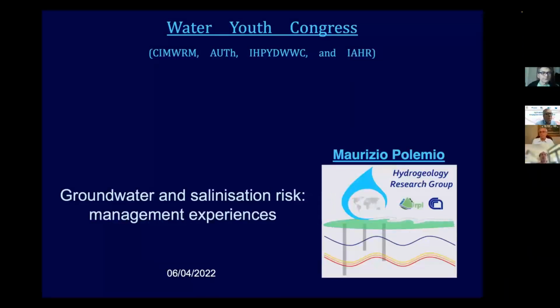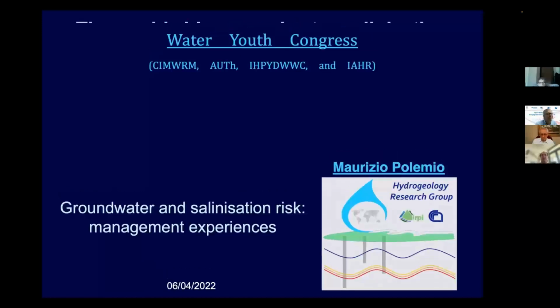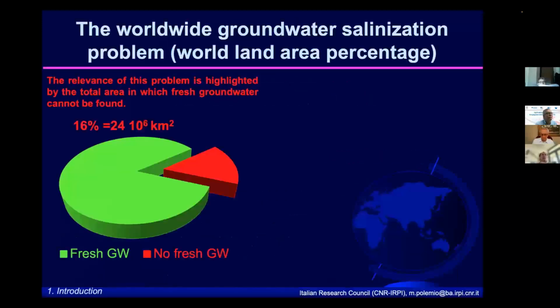My contribution concerns the management of groundwater at salinization risk. The subject involves a very large portion of the Earth's surface.